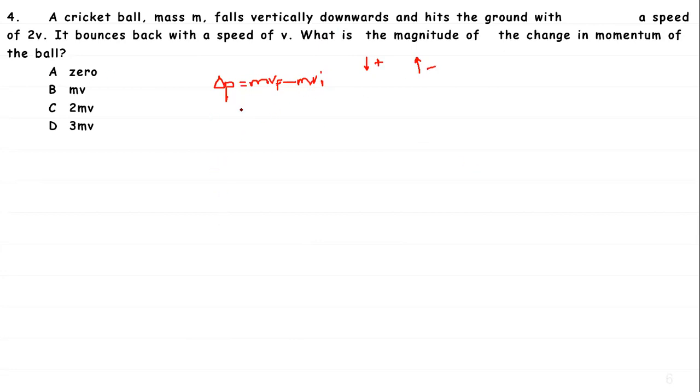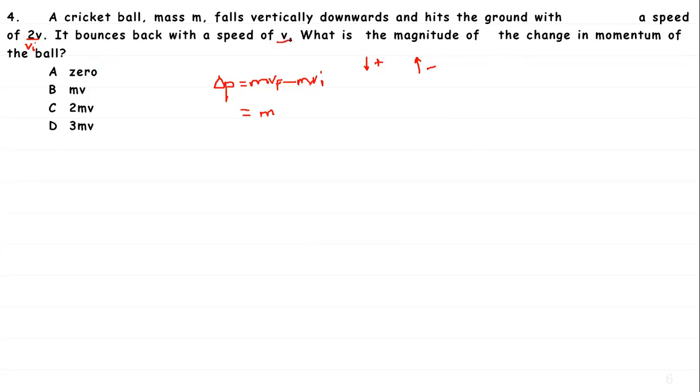So the change in momentum will be given by the mass, which is m, and it falls vertically downwards and hits the ground with a speed of 2v. So this one is actually the initial velocity, because we check when it was hitting the ground, and then they tell us it bounces back with a speed of v.